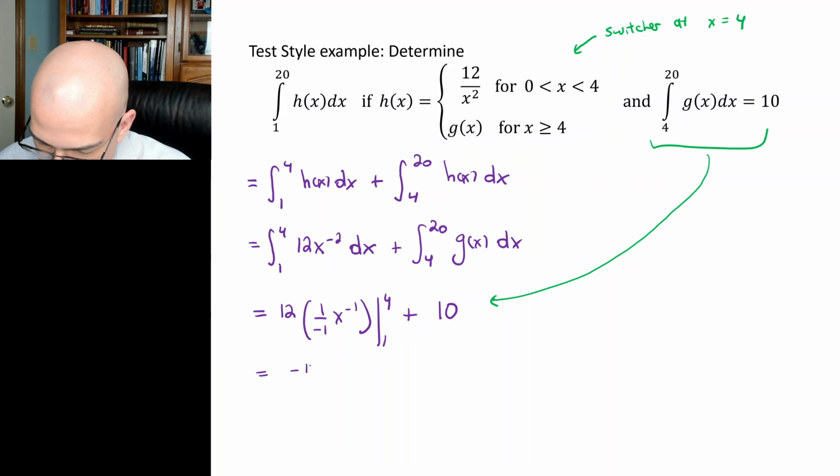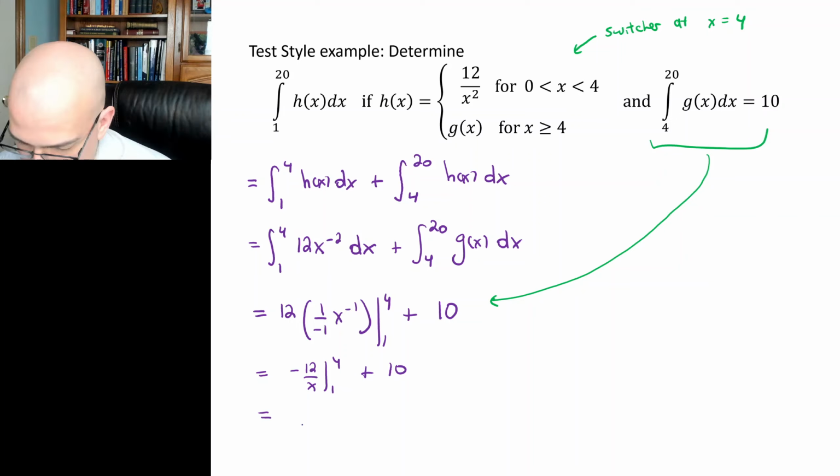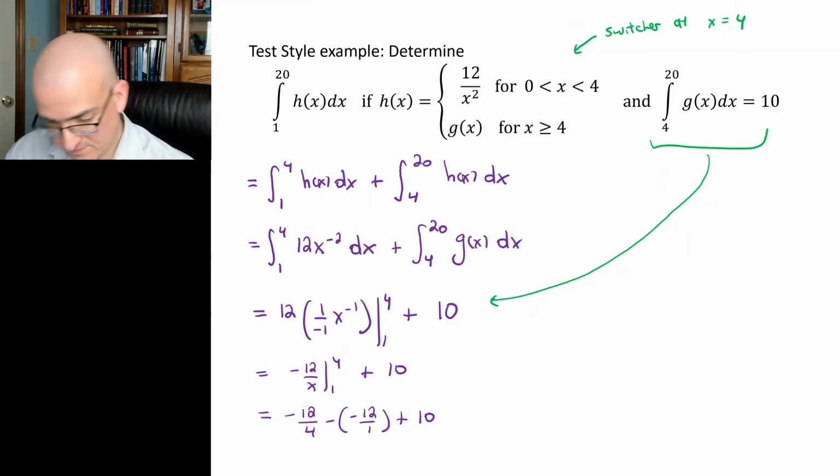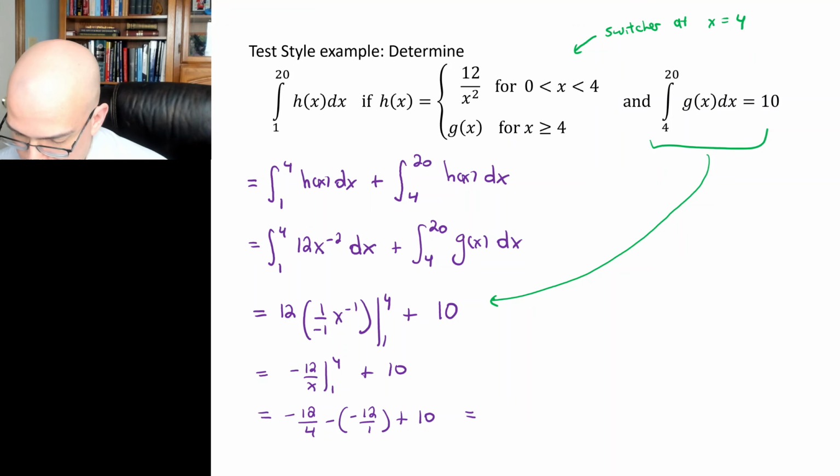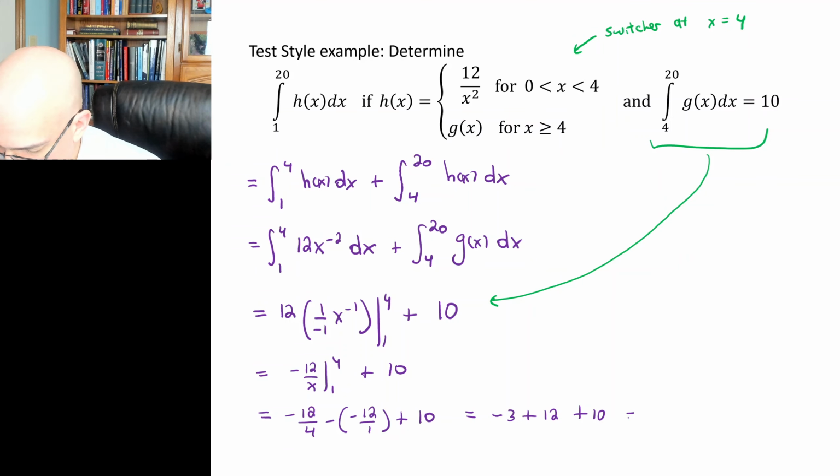So we have negative 12 over x evaluated from 1 to 4 plus 10. So that'll be negative 12 over 4 subtract negative 12 over 1 plus 10. So negative 3 plus 12 plus 10, which is 19.